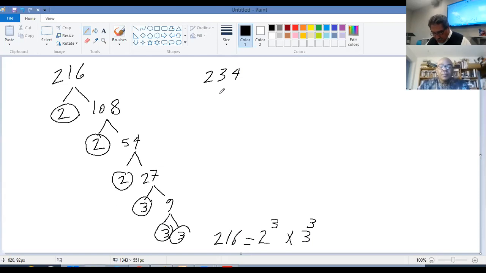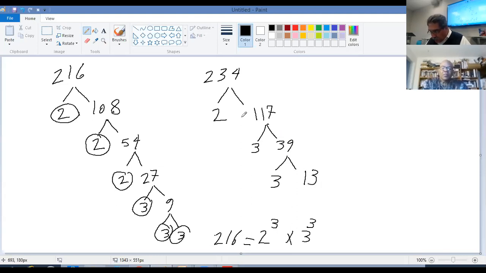Now I come to this number, 234. It can be the product of 2 and 117. Okay, 117 can be the product of 3 and 39. 39 can be written as 3 and 13. Okay, now these are all prime, so I stop there.